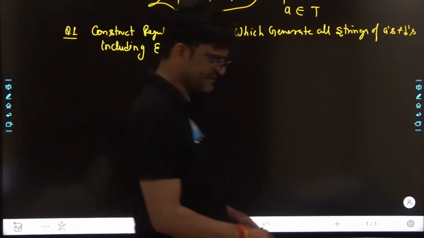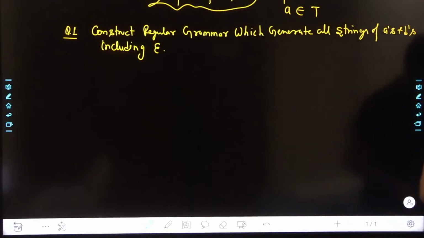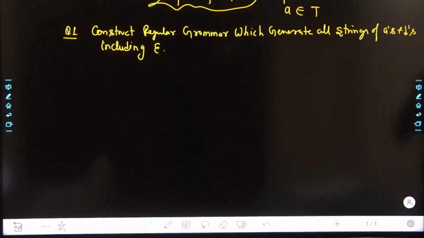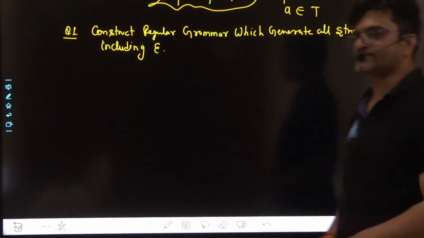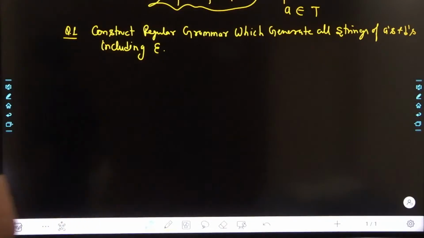So, my dear friends, first you write the language. Then try to construct the restricted right linear grammar.